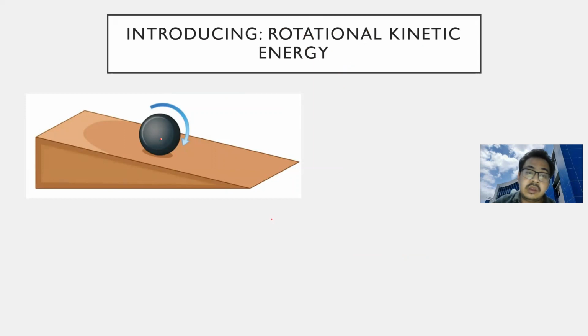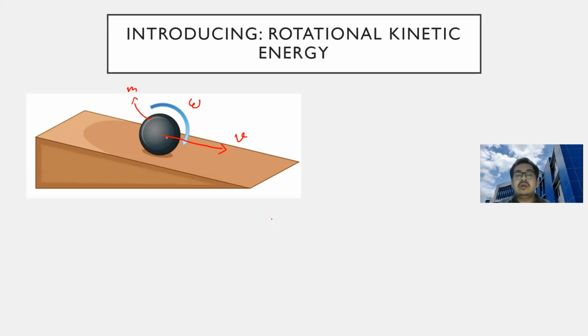Okay, I will depict the previous notation. So the ball moves with the linear velocity of v and has the angular velocity of omega, and the mass is m.